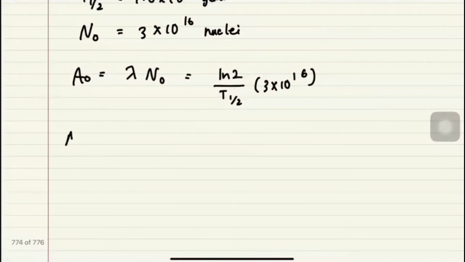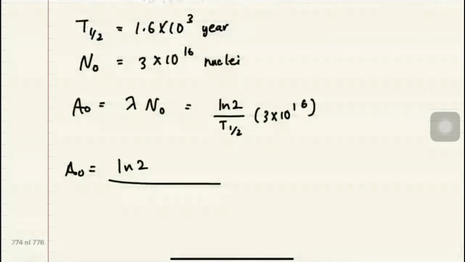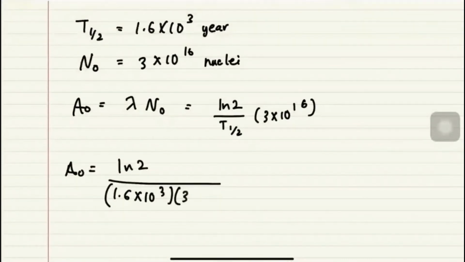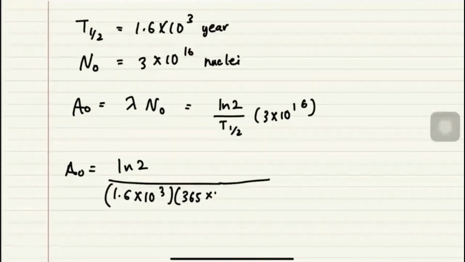Therefore, A naught sama dengan ln 2. Okay, T half dia adalah 1.6 times 10 to the power of 3 year. Multiply with 365, kamu dapat dalam days. Multiply with 24, you get in hours. You multiply with 60, and then 60 again to get in seconds.